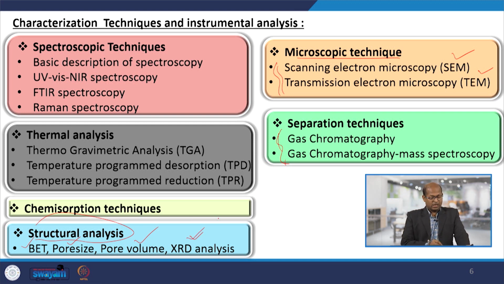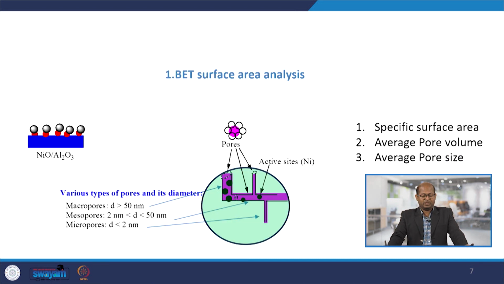For thermal analysis, there is TGA, thermogravimetric analysis, temperature programmed desorption, and temperature programmed reduction. And a few spectroscopic techniques are available: UV-NIR spectroscopy, FTIR spectroscopy, Raman spectroscopy. These we can use as per requirement or availability to characterize our catalyst or the materials we have prepared for our reactions. Okay, first we will discuss BET surface area analysis.